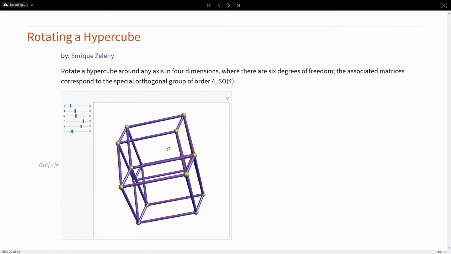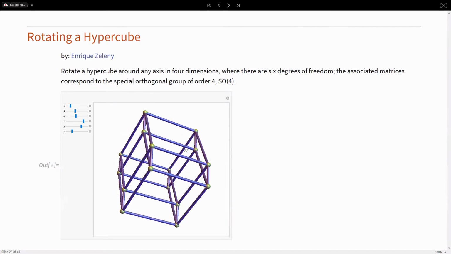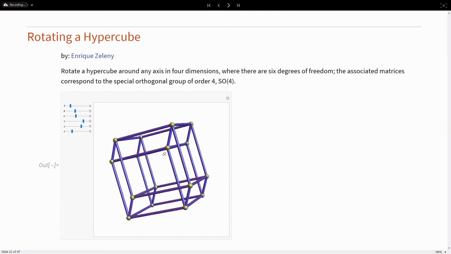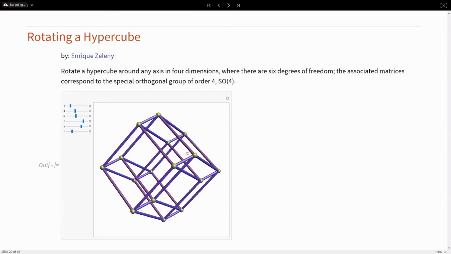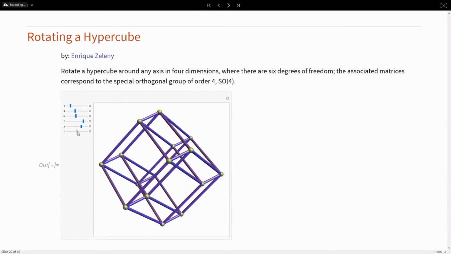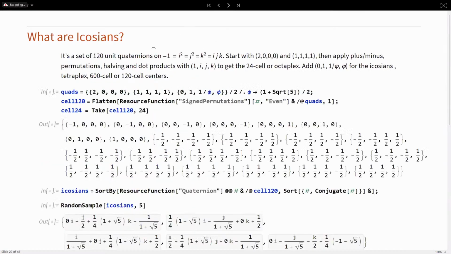This is a projection into 3D space of a four-dimensional object, then retranslated into two-dimensional space. And we can move up a little bit further to get the unit quaternions.